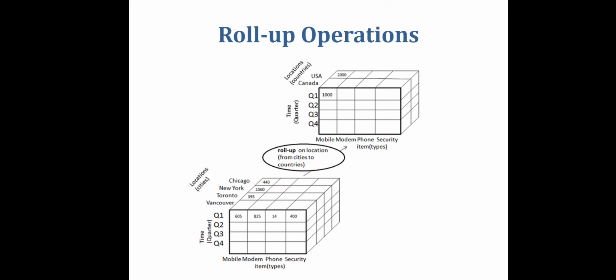With that we are going to perform a roll up operation. How are we going to perform that? It shows the result of a roll up operation performed on the central cube by climbing up the concept hierarchy. For the location given in this figure, you can see that the roll up operation shows the aggregate of that data by ascending the location hierarchy from the level of city to the level of country.